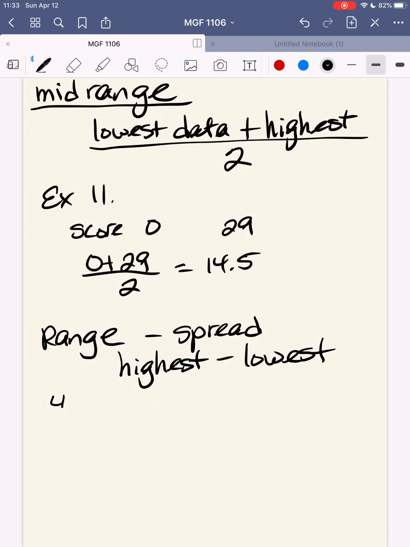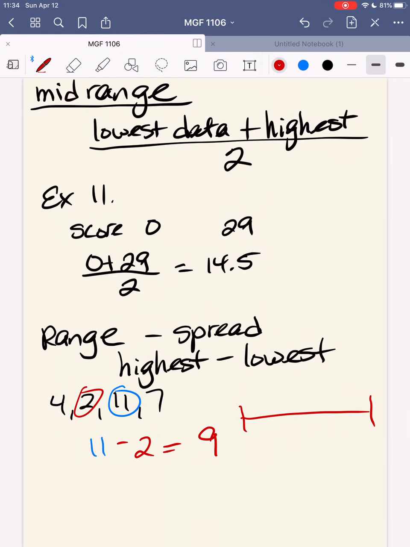If I have data values of 4, 2, 11, and 7, my highest value is 11. My lowest value is 2, which gives me a total of 9. So the range is the whole spread of the data.